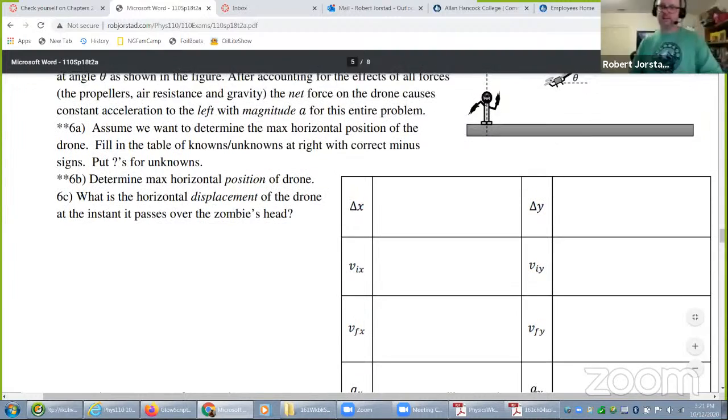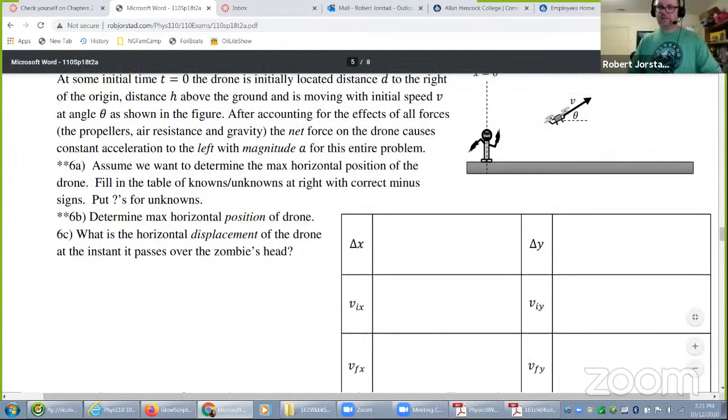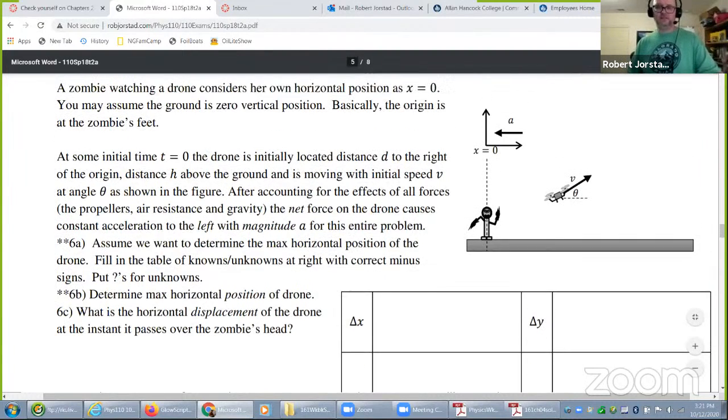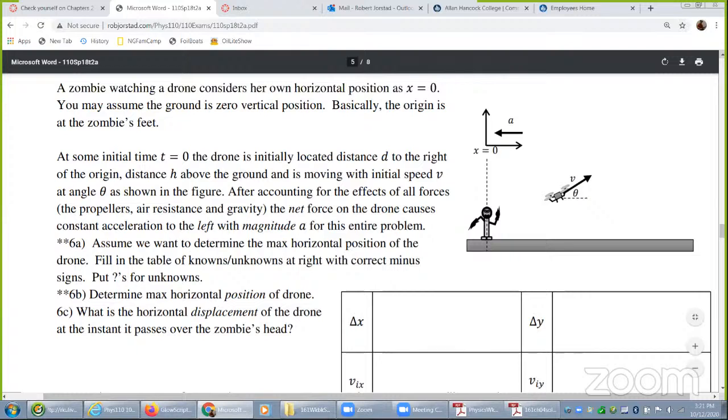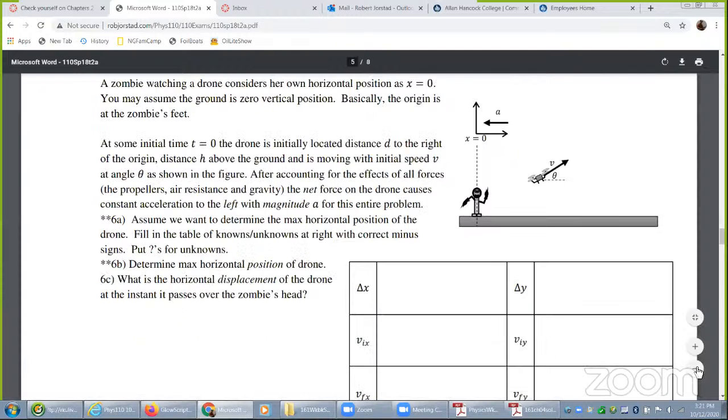This is something out of chapter 4 because it's 2D. Is this standard or non-standard? It's non-standard. Yep. It has an acceleration on the x-axis, right? What's the acceleration? Since you're speaking, I'll let you do it.